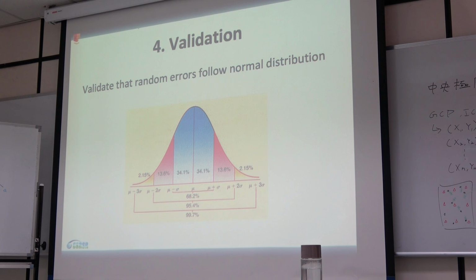So just so you know, make sure you won't freak out if it doesn't follow the normal distribution. Am I doing something wrong? Just FYI, don't freak out. Maybe you are doing the correct thing, it's just because of other reasons that it doesn't follow the normal distribution. Okay. So that's the case.